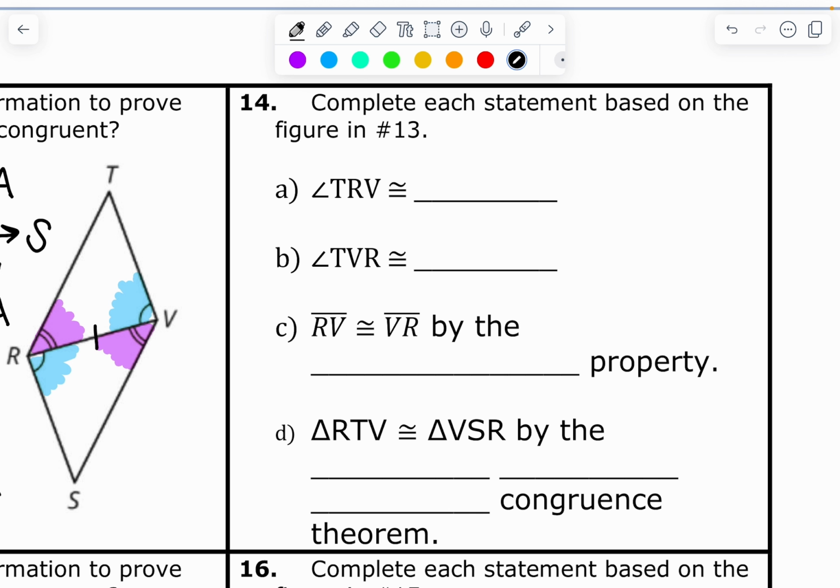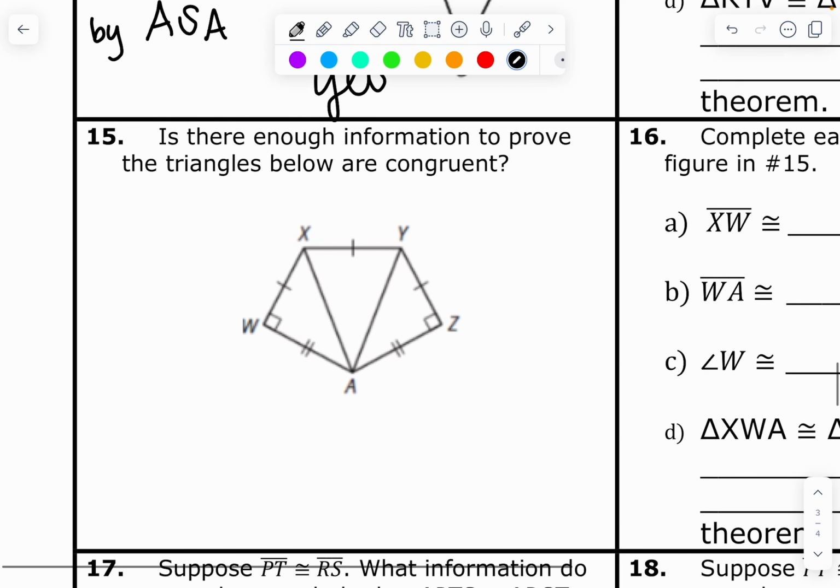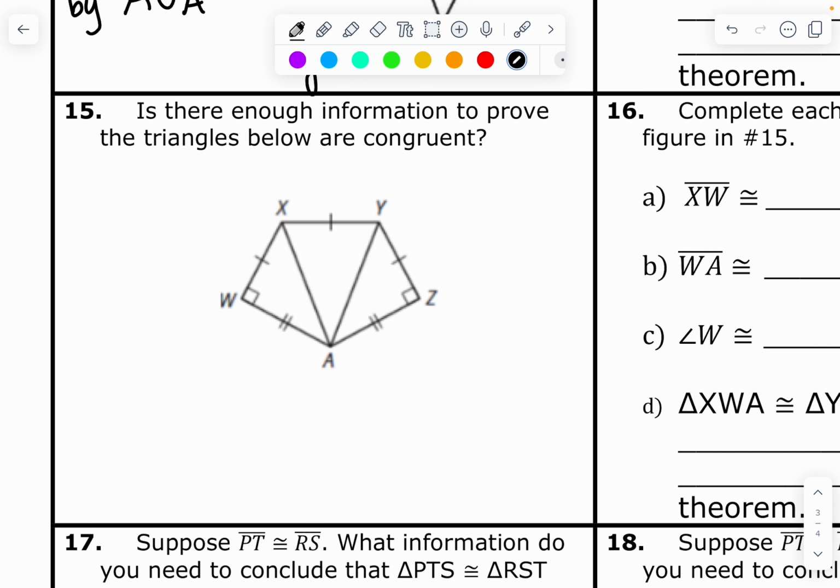Card number 14. Number 15, is there enough information to prove the triangles below are congruent? Yes, but let's specify which triangle.